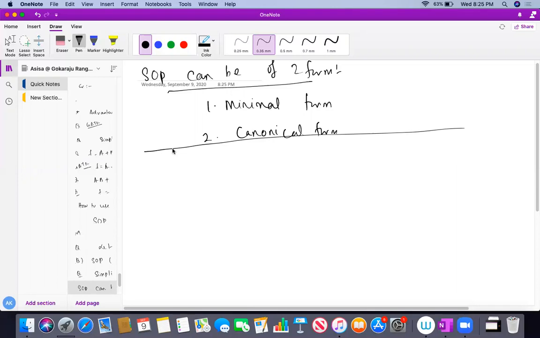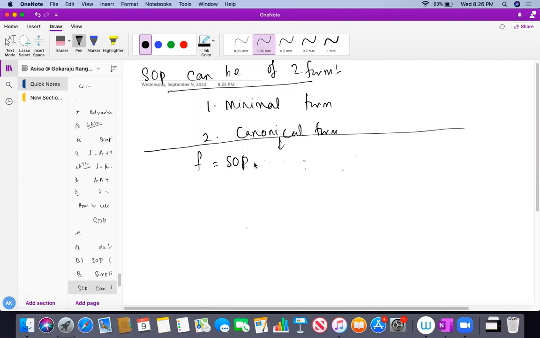So what is canonical form? Canonical form is nothing else. If in the sum of product function, the SOP function, all the min terms consist of all the variables, either in the true form or in the complement form, then this form is canonical form. You can minimize that canonical form to get the simplified form, which is to be designed for our digital circuit. Do you all understand, students?